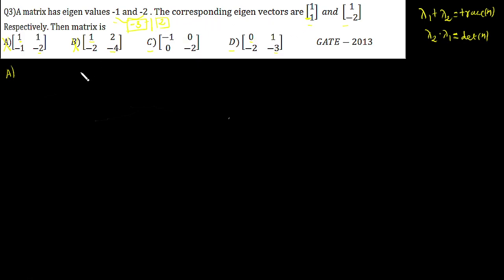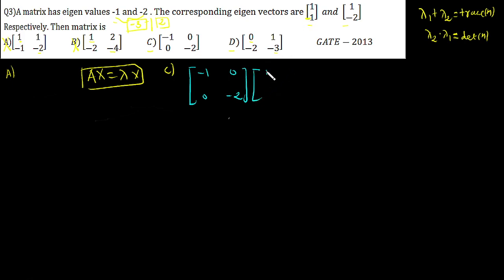Now let's move to the next concept, which is the concept of the eigenvector. The matrices are given in options C and D. Let's first check option C. Option C has a matrix in this form: -1, 0, 1 and -2. Let's multiply it with one of its eigenvectors.